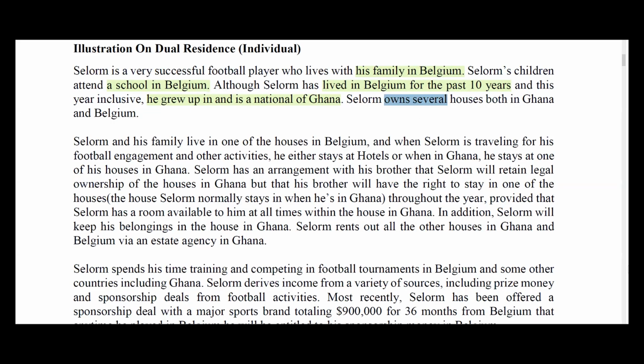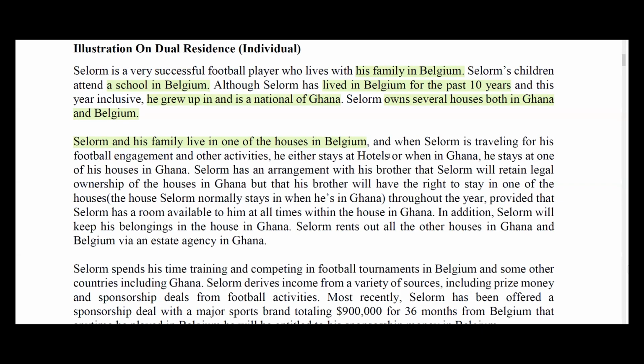Selom owns several houses both in Ghana and Belgium. Wow. What are they telling us? Permanent homes. Owns several houses both in Ghana and Belgium. Okay, you can say permanent home. All right. Good. Now, Selom and his family live in one of the houses in Belgium.